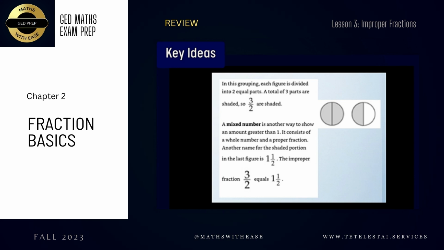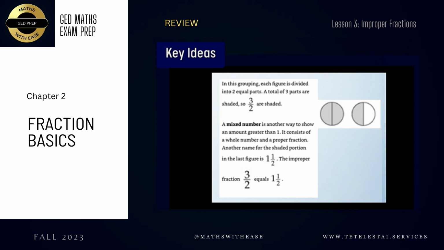So we have 2 whole circles, and 3 parts of the 2 whole circles are shaded in gray. Okay, and that's essentially what this top heavy or improper fraction is telling you: that we have 3 parts, 1, 2, 3, of 2 whole circles shaded in gray.